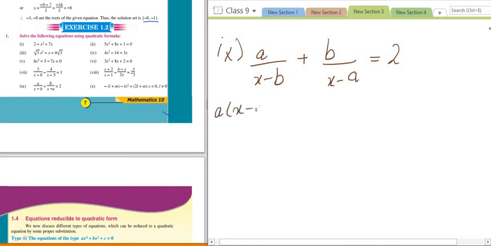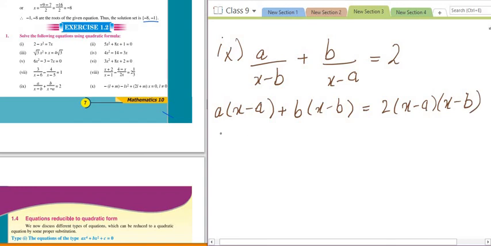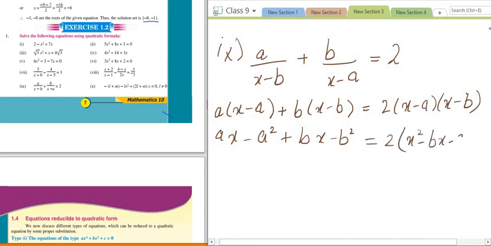a into x minus a plus b into x minus b equals to 2 into x minus a into x minus b. Clear? Now this becomes ax minus a square plus bx minus b square equals to 2 x square minus bx minus ax plus ab.